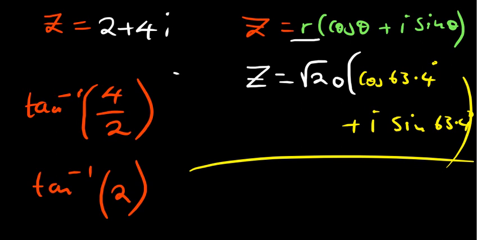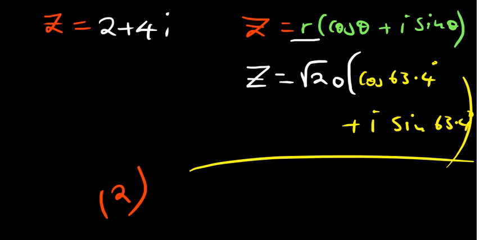Sir, is it possible to convert the polar form into the rectangular form? Yes. If you look at what we have here, you are using the theta and the r to get you back.